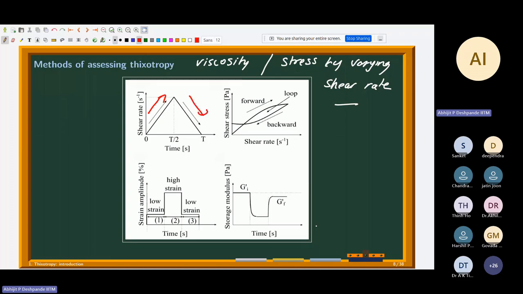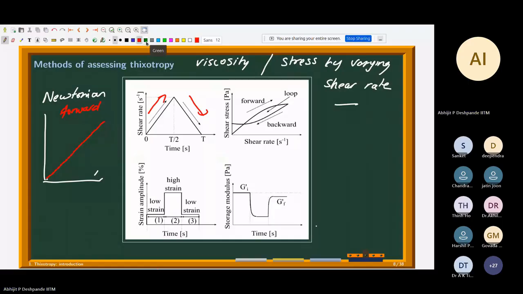And generally for a Newtonian fluid, if we were to do this kind of an experiment, we would expect that stress will increase. So going forward, the stress may be like this, because in Newtonian flow, stress and strain rate are proportional to each other. Therefore, stress and shear rate will be related through a straight line.